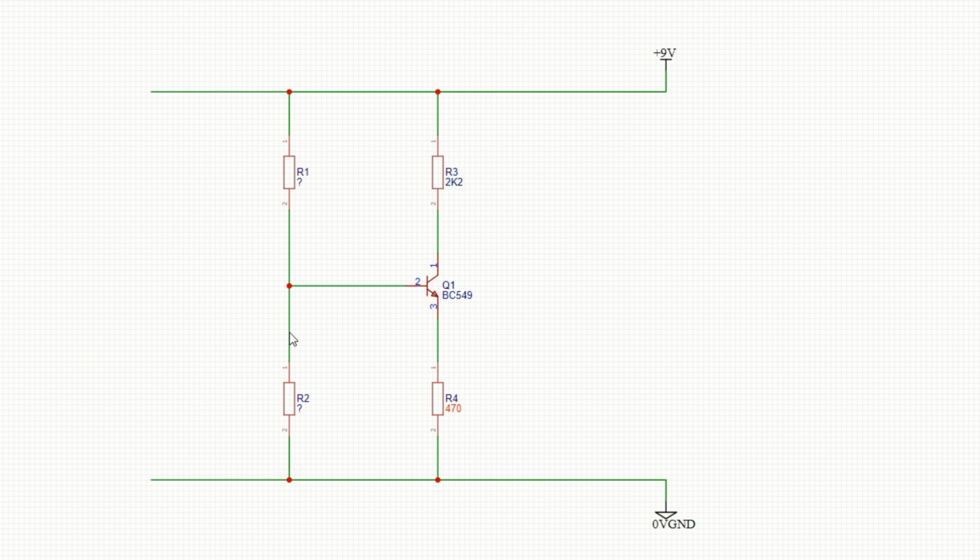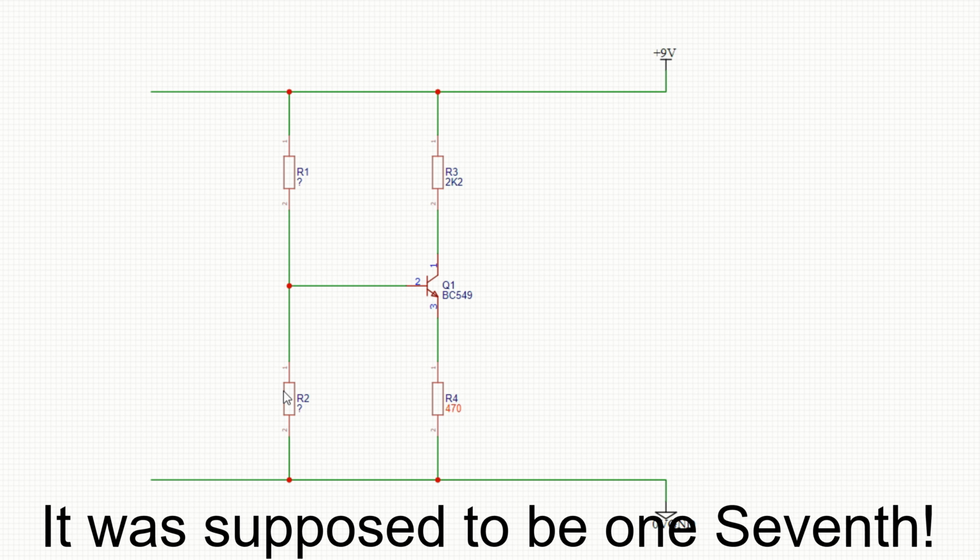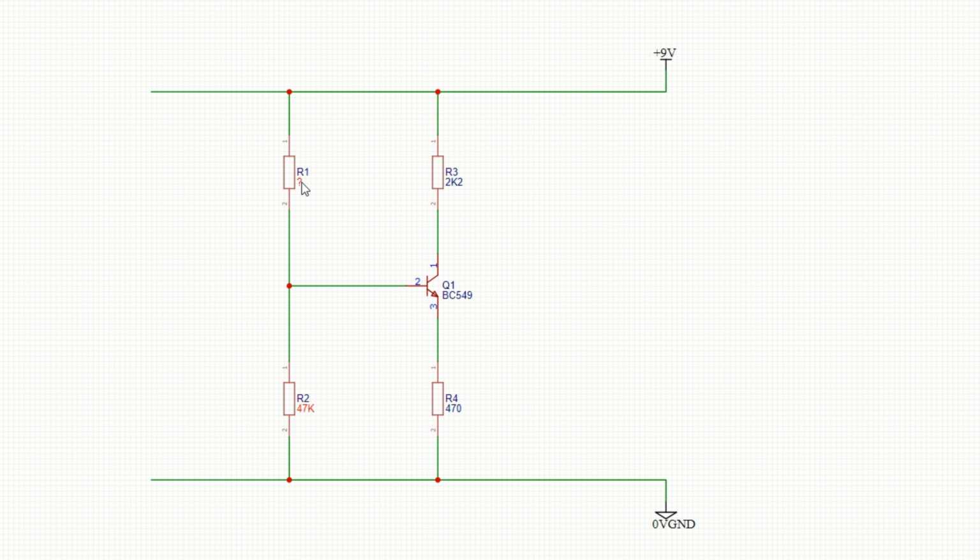No, not 1/7, 1/6. So yeah, for sake of it, I'm going to make that 47k, and that about 5 times higher. Well, that would be 250k or just under, so make it 220.